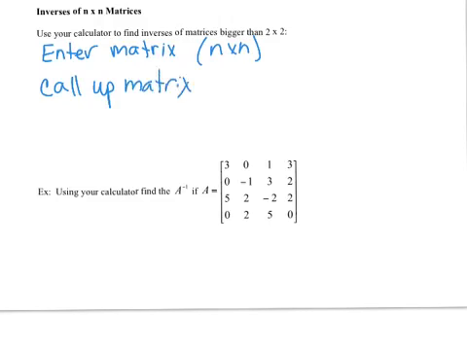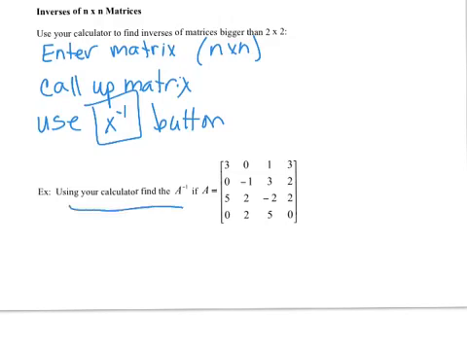And then all you have to do is use the reciprocal button, the button that's x to the negative first. That's all you've got to do. And if there's a bunch of decimals, you can convert to fraction format, enter, enter, and you'll see it in fractions. So that's all you have to do to find the inverse. If you have your graphing calculator with you, you can try this problem. Otherwise, we're going to do this in class.